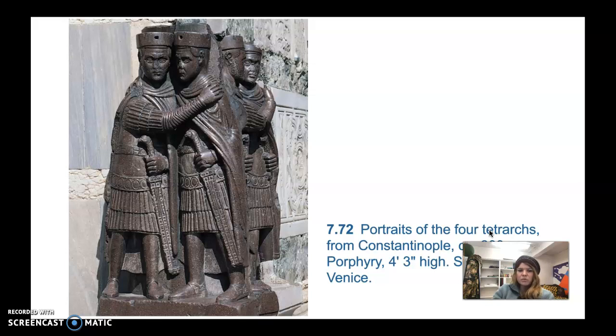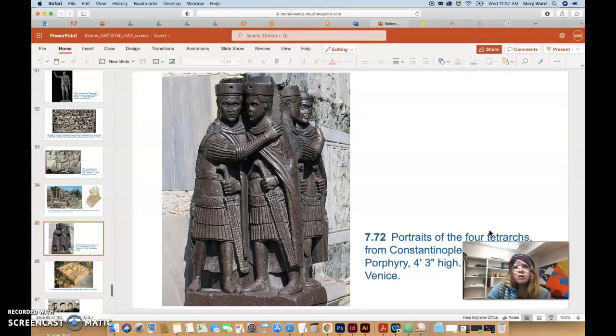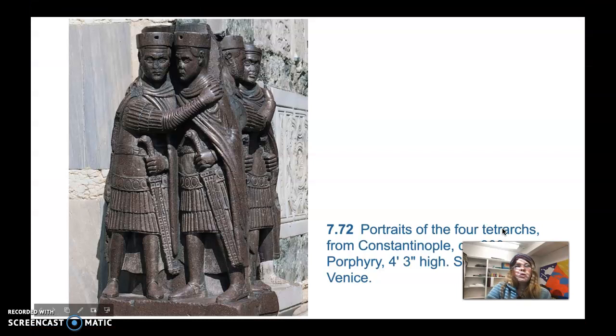After Diocletian retired, civil war erupted. They had a lot of civil unrest, and the Roman Empire would remain divided into eastern and western sections after this. The eastern was more Greek, which they called Byzantium, and the west was Latin, the Latin West. That's kind of how they divided that up.